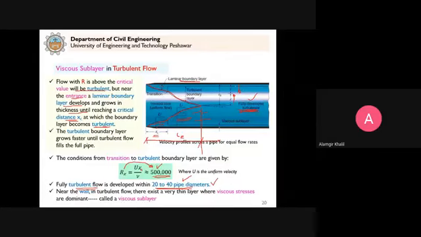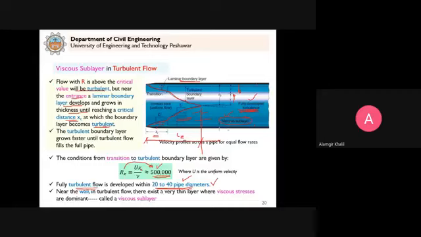So when a fully developed turbulent flow occurs, still near the pipe wall, there will be a thin layer where viscosity will be dominating. As I already discussed in the previous slide, it's not a true laminar flow layer, but it is like laminar flow. It's written in your book.